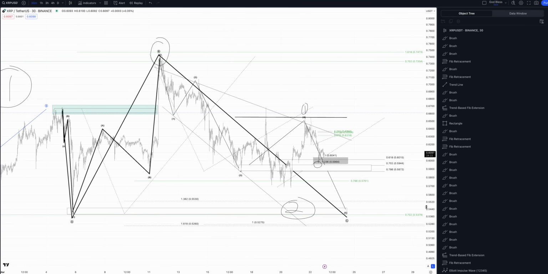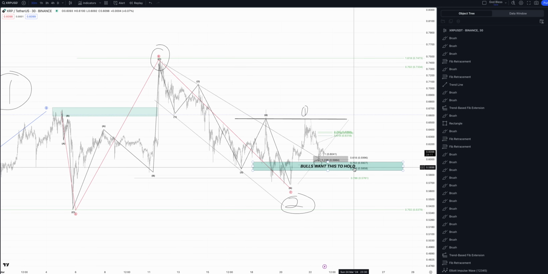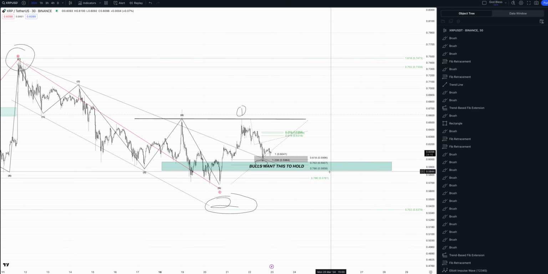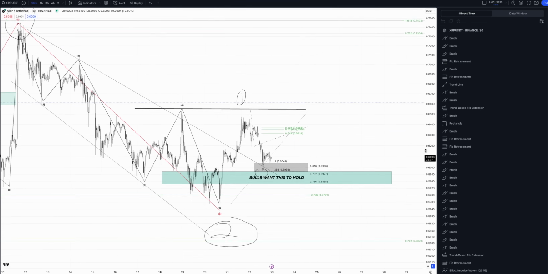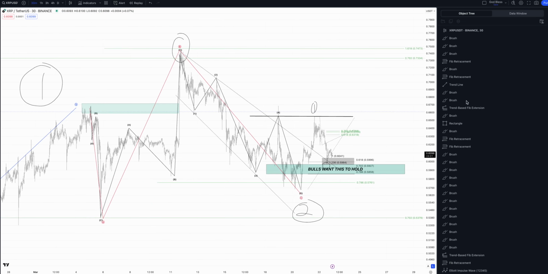Okay, so around the 0.5450, 0.5275 region, that's where I would expect this to bottom out if bulls cannot hold 0.5858. So if bulls can hold 0.5858 and 0.5927, then it's likely the correction is done.